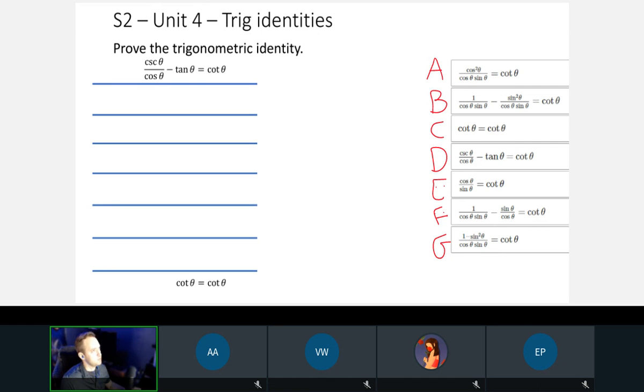So remember, usually you want to convert your cosecant, secant, and cotangent into one of the fundamental trig functions. It's usually what you would want to do first. You really want everything in terms of sine and cosine. That's what we talked about in this unit.